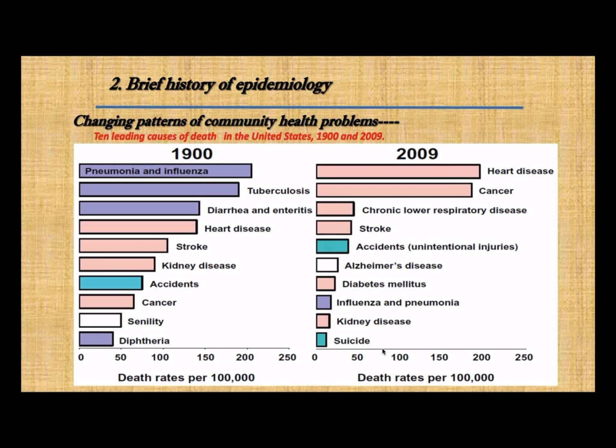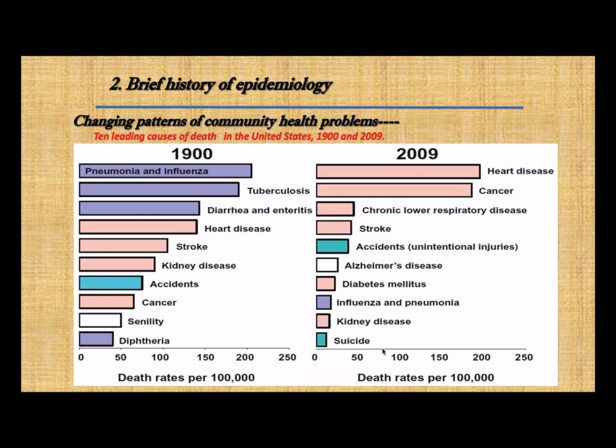Next, we will take a brief view of the history of epidemiology. This graph shows the 10 leading causes of death in the United States in 1900 and 2009. During the 20th century, there was a dramatic shift in the causes of death in the United States.